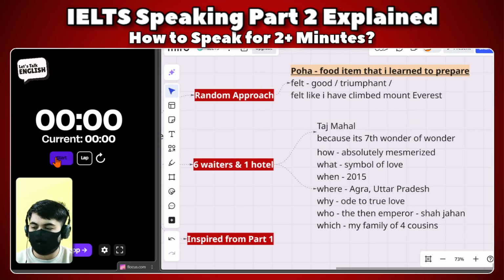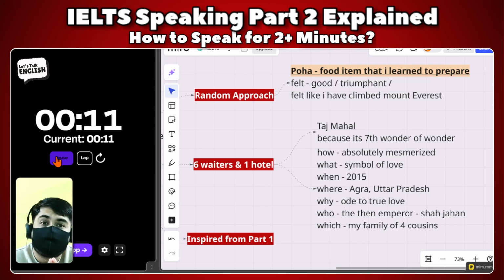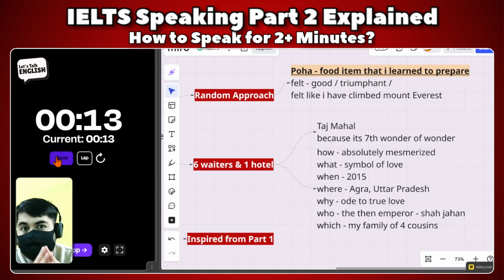Three, two, one, go. So I would like to talk to you about something that is very close to my heart, and I've personally been there for more than eight times. And this is the seventh wonder of the world that is situated in the heart of my country, India, inside of the biggest state, Uttar Pradesh, inside the city of the world's sweetest people, that is Agra.